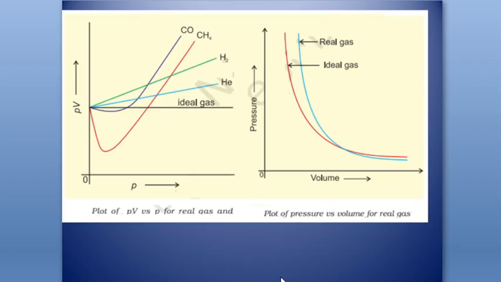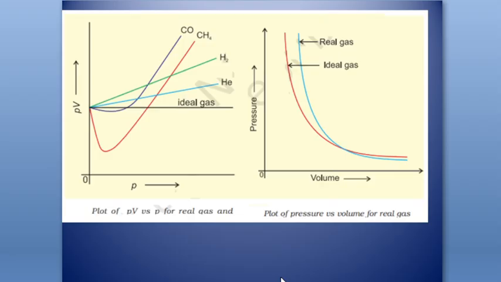So these are two PV versus P curves and pressure versus volume curves of real gases like hydrogen, carbon monoxide, methane, helium, etc. The ideal gas curve is parallel to the P axis, but the real gas is not like the ideal gas curve.